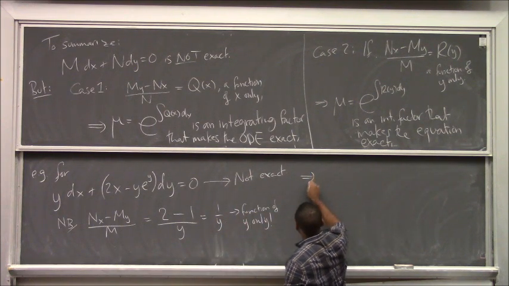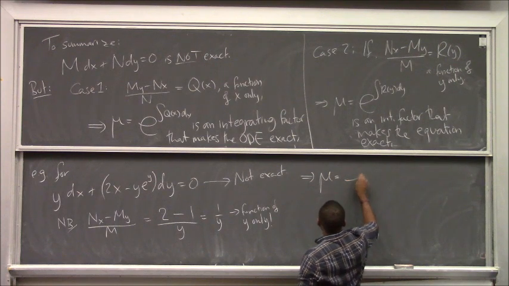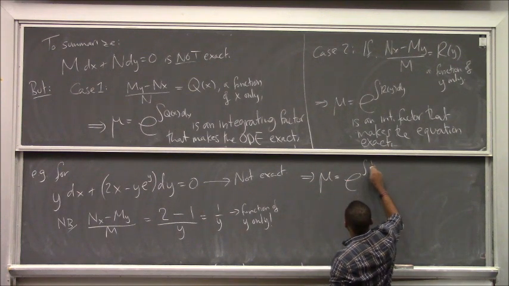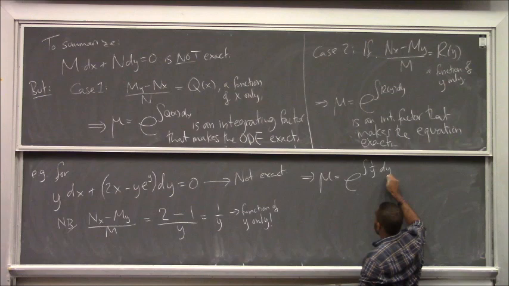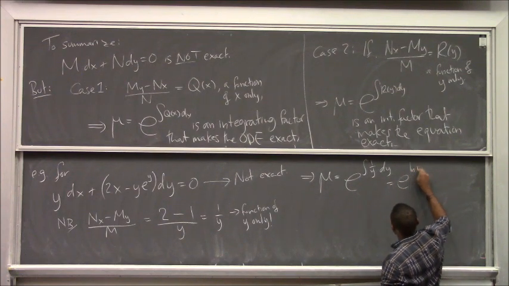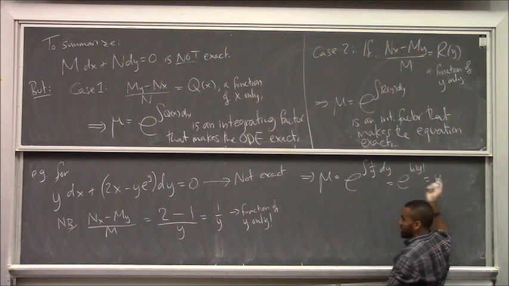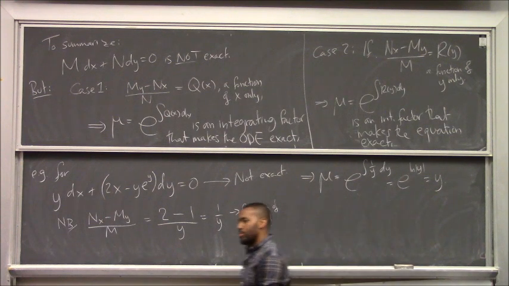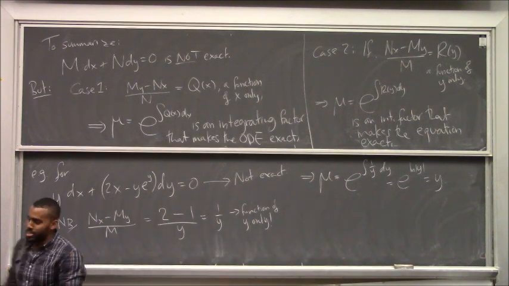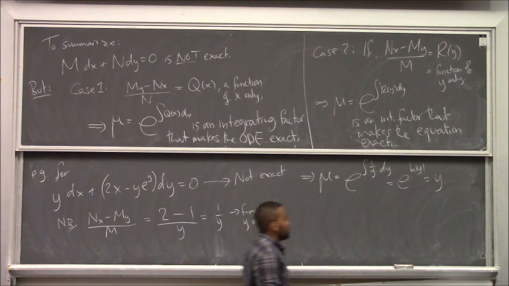So now, that means that mu equals e to the integral of 1 over y is going to be an integrating factor. But what is that? Well, that's e to the natural log of y. That's just y. So that's how I knew, oh, if I multiply through by y, it will fix everything. If you did case 1, would it not work?